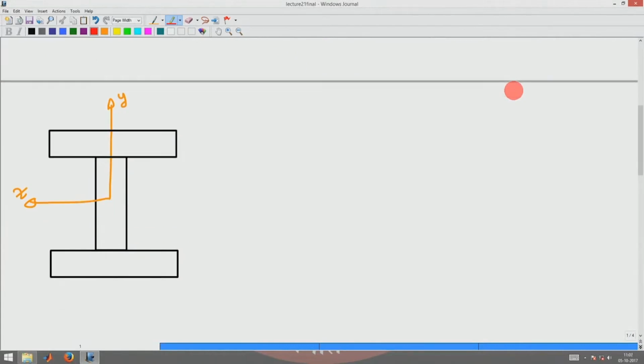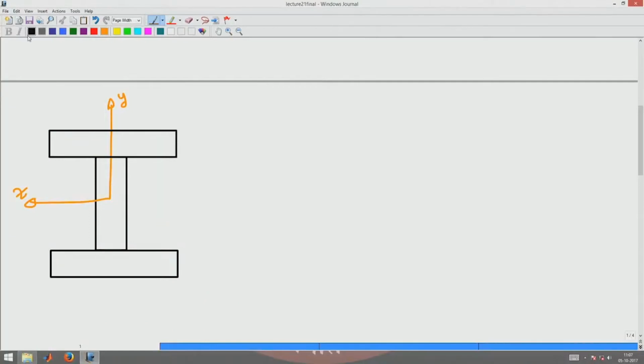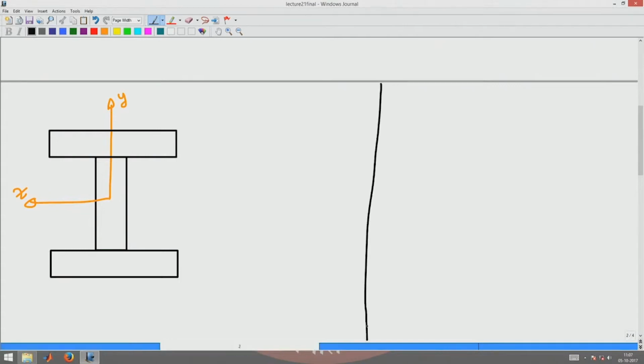So, let us assume that the flange is thick enough that there can be a variation of sigma xy along the depth of the flange. Basically, we are considering this I section and we are interested in finding the shear stress distribution on this I section.